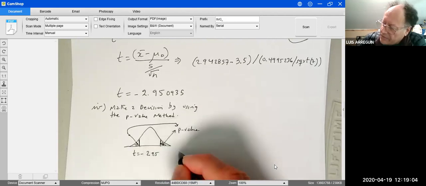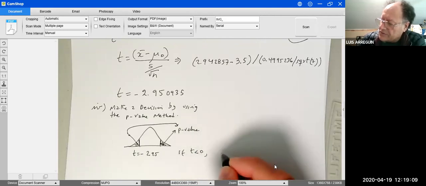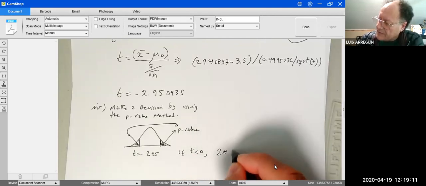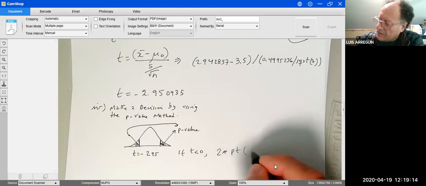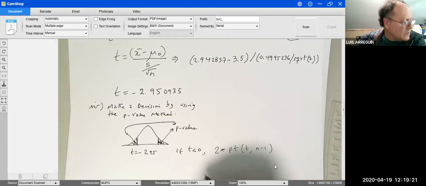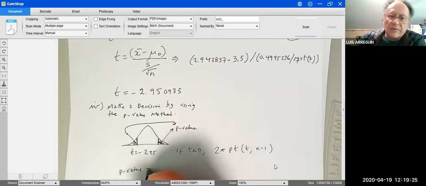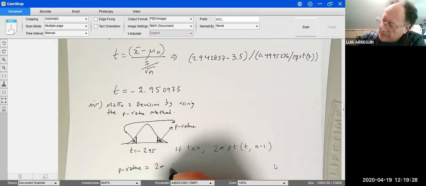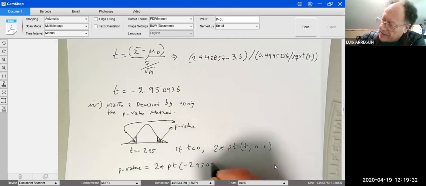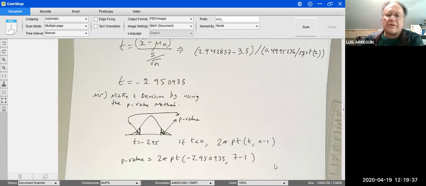So in this case, when your t is negative, you just need to use 2 times pt of t, degrees of freedom. So you're gonna have just a p-value is gonna be 2 times pt of negative 2.950935, and 7 minus 1 are the degrees of freedom.